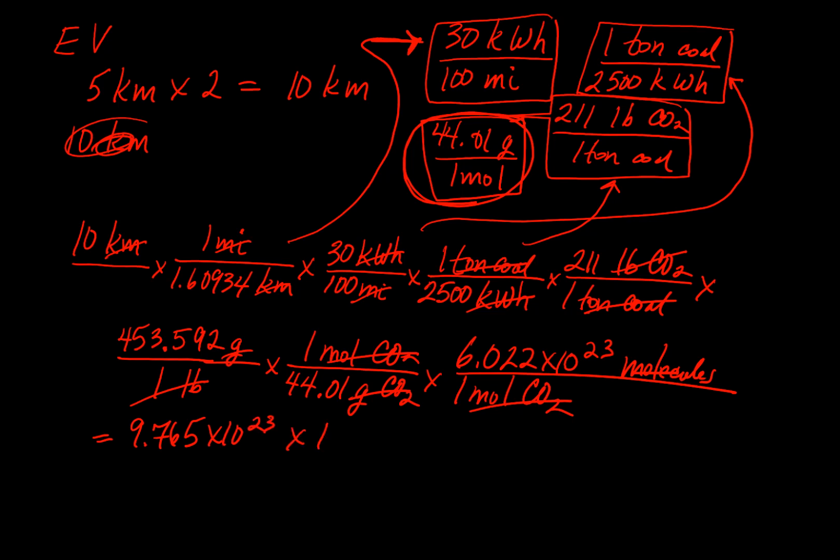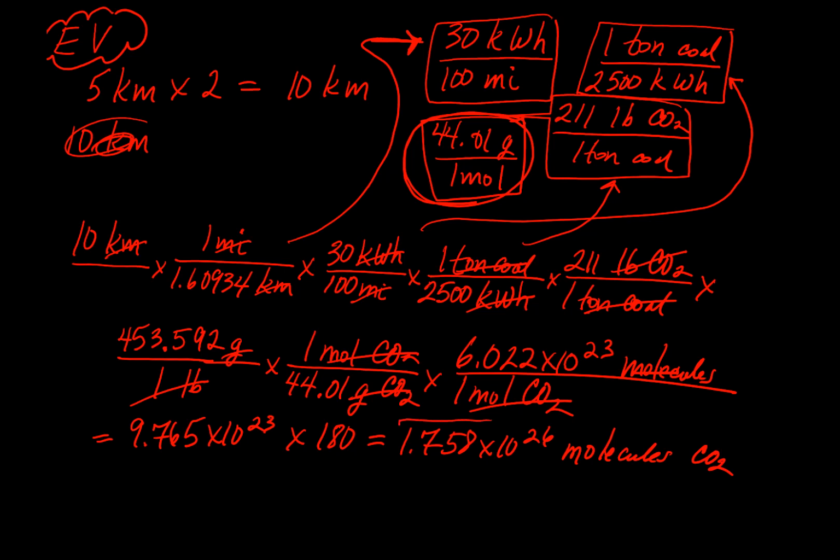You have to multiply that by 180 days, because just like with the bus for student A, student B is using the electric vehicle to get to and from school for 180 days. So when you do the math there, you get 1.758 times 10 to the 26th molecules of CO2 emitted by the traveling that this student does by electric vehicle every year.